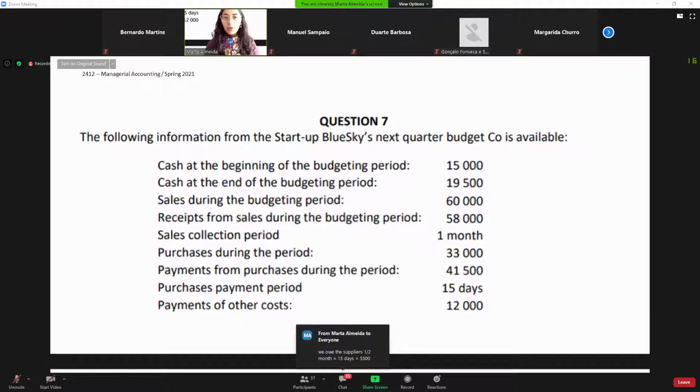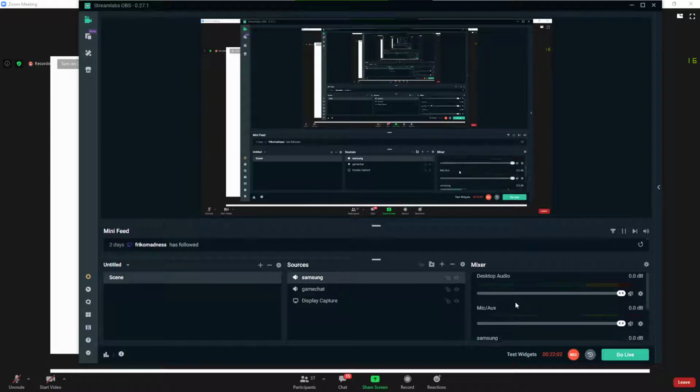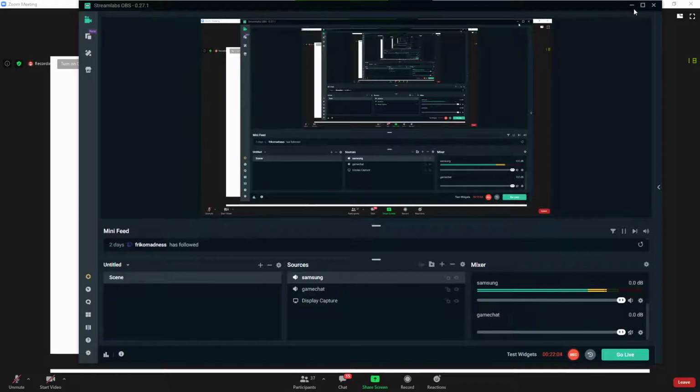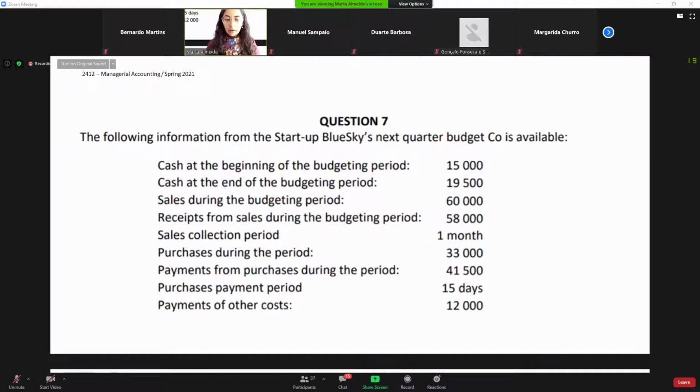That means that we will pay the suppliers for purchases made during the month equal to 27,500, and this is equal to 33,000 minus the 5,500 that we will owe the suppliers.